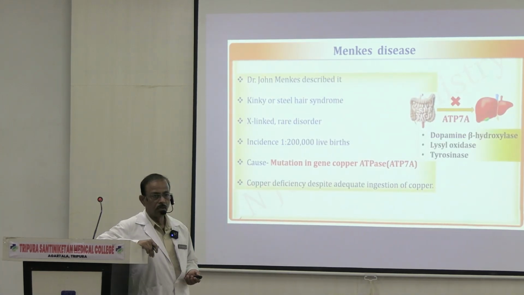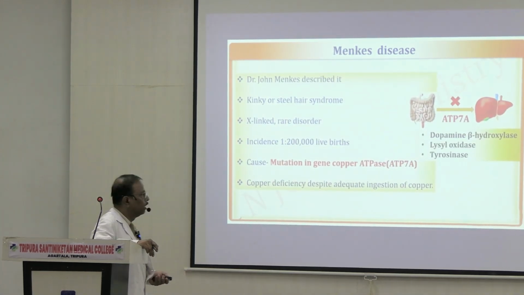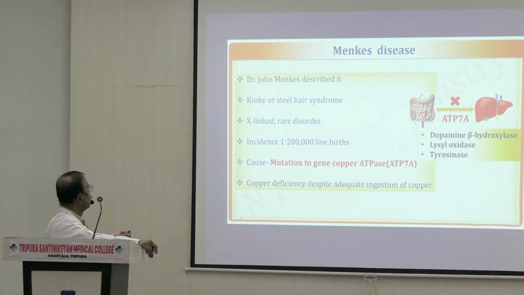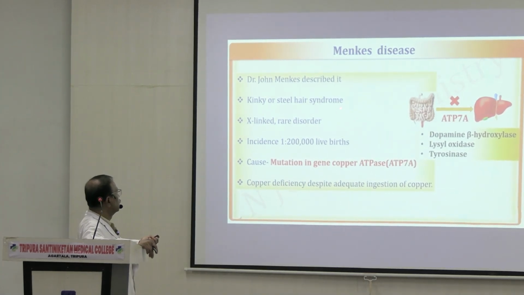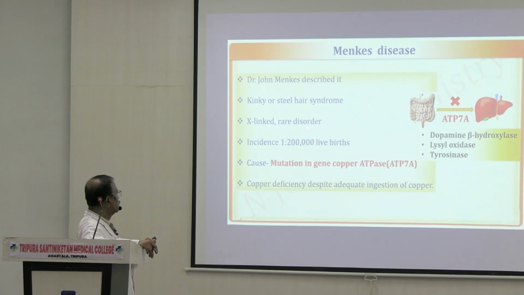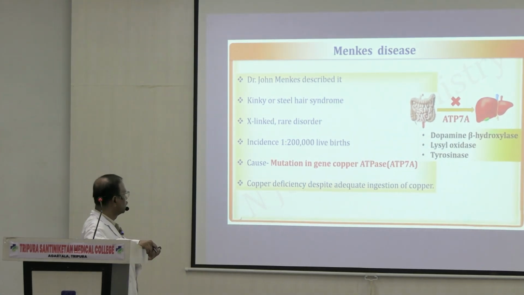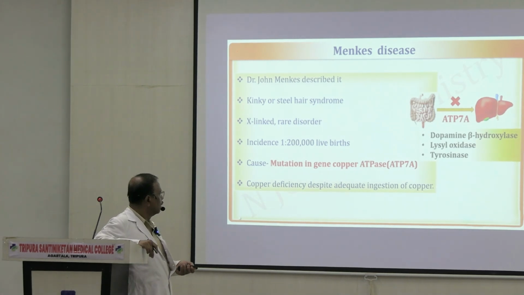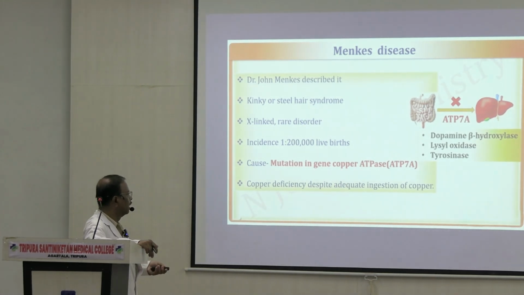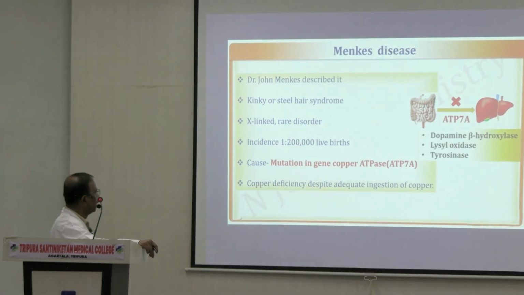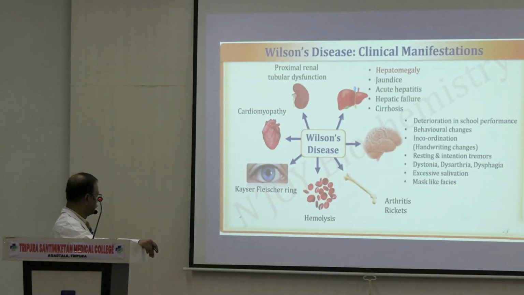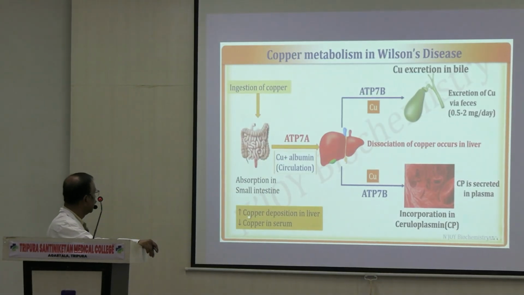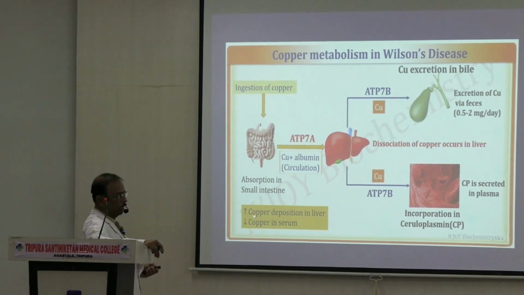Menkes disease, last time also we have read. This is Menkes kinky hair syndrome, an X-linked rare disorder. Incidence is 1:2 lakhs. It is caused by mutation of the copper ATPase gene ATP7A.